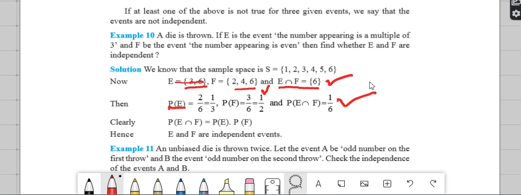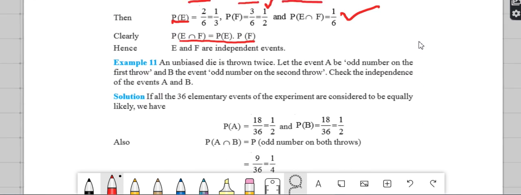And if you notice, P of E intersection F is equal to P of E into P of F. Therefore, we can say E and F are independent events. So, in exercise 13.2, in most of the questions, especially questions 1 to 10, you have to check this part. Alright?